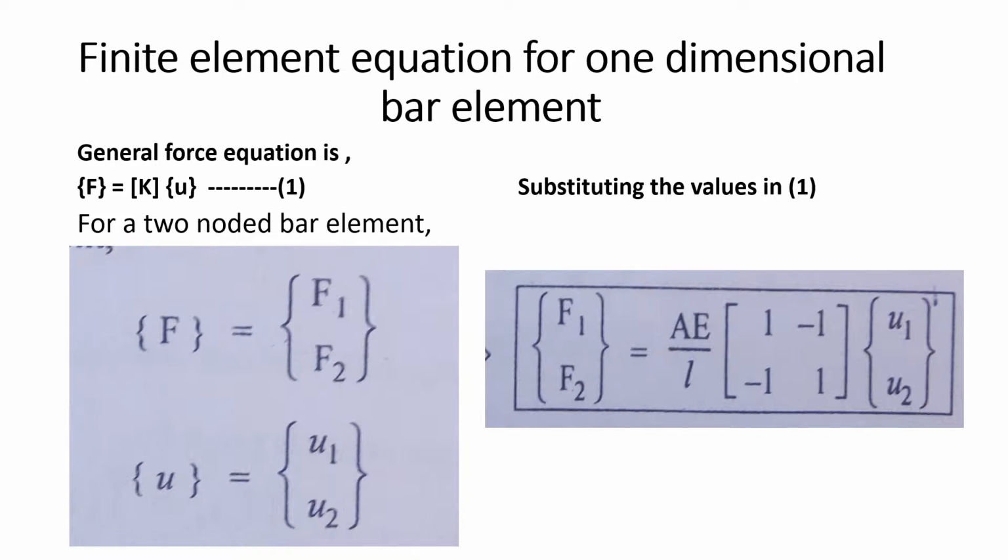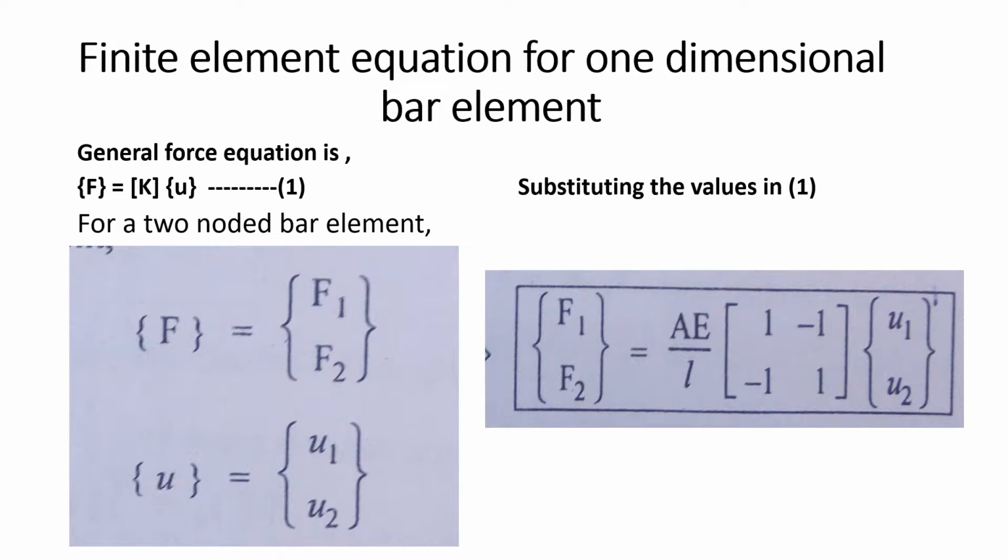For a two-noded bar element as shown in the previous figure, the force matrix F can be written as F is equal to {F1 F2} in flower bracket as shown in figure 1 here, and the displacements at nodes 1 and 2 can be written in matrix form as {U1 U2}.